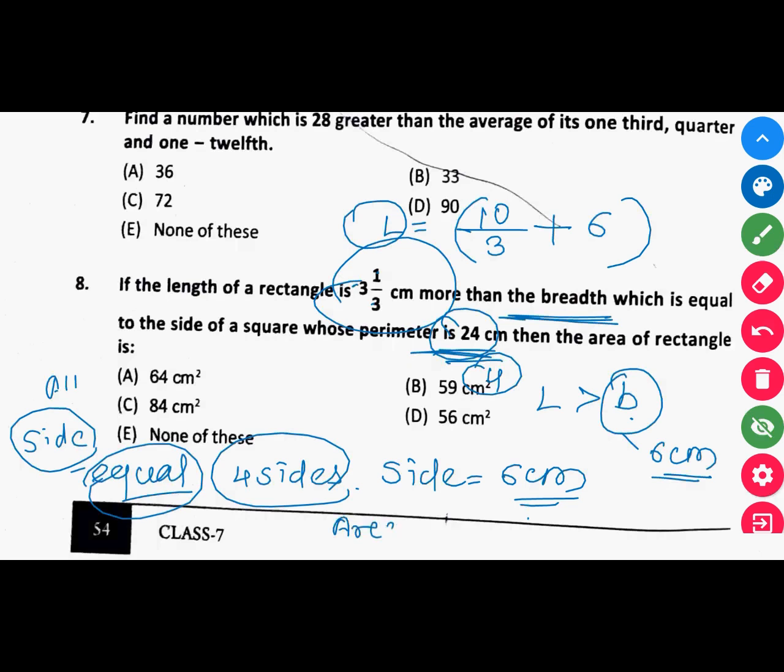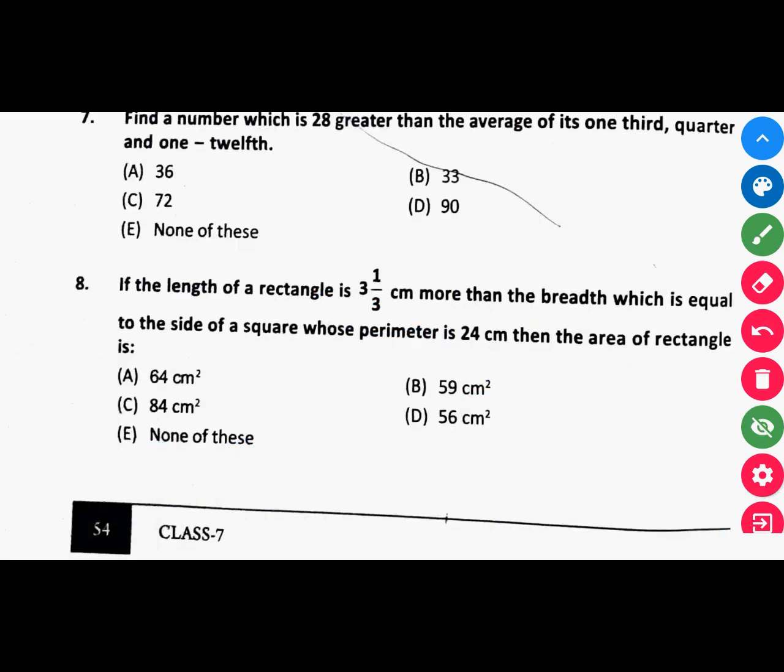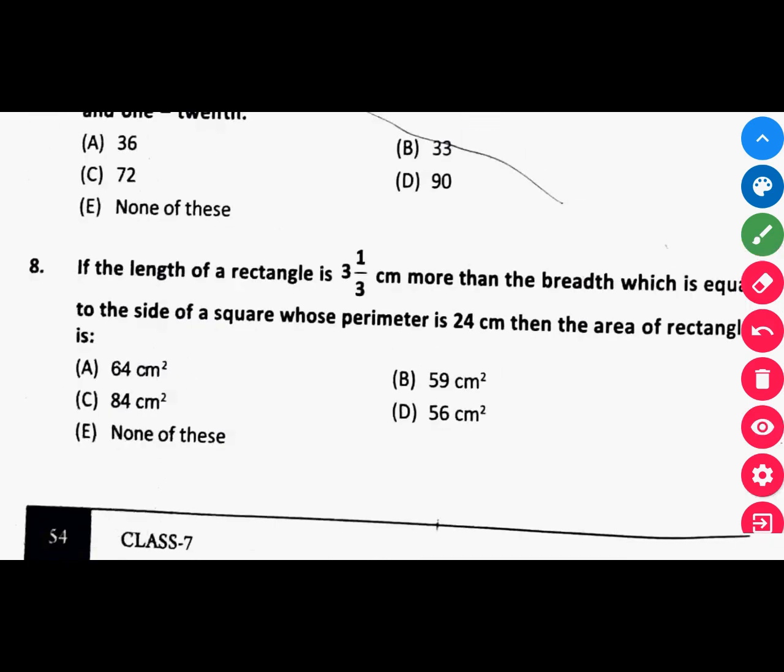So area of rectangle is equal to length into breadth. Now you know the length, you know the breadth, you can solve this example at home. Okay, then I will tell you what we had done here to form our equation.